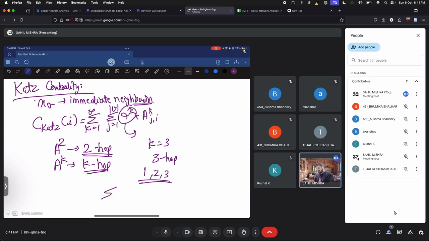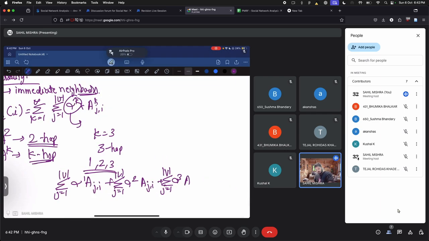So there will be one sum that will be summation j equals 1 to n alpha a j comma i, plus summation j equals 1 to n alpha square a j comma i, plus summation j equals 1 to n alpha cube a j comma i.